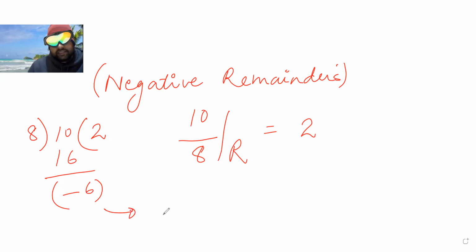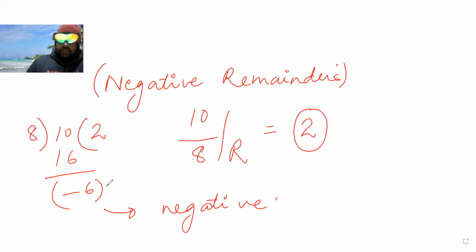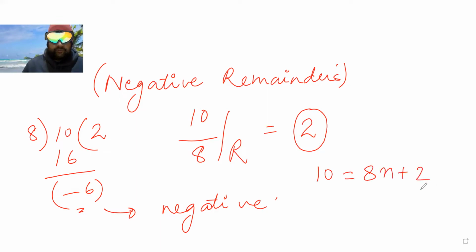So this is negative remainder, and in one of my videos I have already used it. So either the remainder is +2 or the remainder is -6. It is one and the same thing, just different ways of writing it. So I will tell you how. 10 can be written as 8n plus 2, where the value of n is 1.